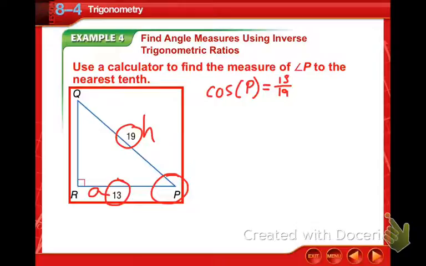To use the inverse cosine, all we have to do is switch P and the 13 over 19 and make it an inverse. So cosine to the negative 1, or arc cosine on Desmos, of 13 over 19 is equal to P. Now we can plug that into Desmos. It'll come out with our answer, and rounded to the nearest tenth, it is 46.8 degrees.